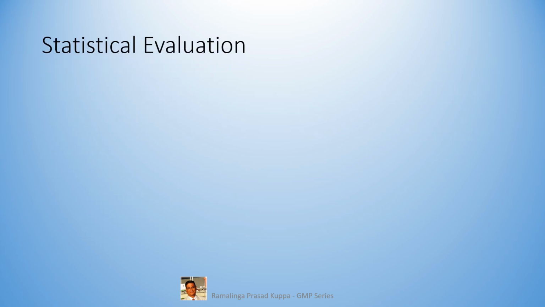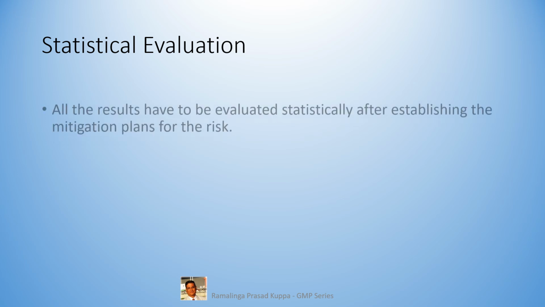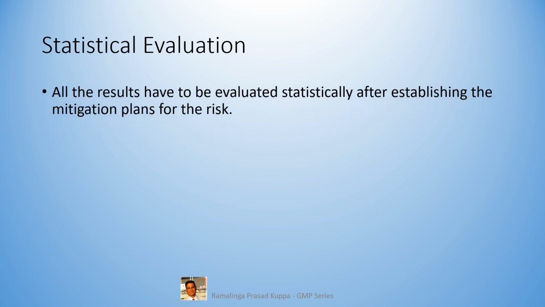The most important aspect of evaluation is the statistical evaluation. Any data, while carrying out the risk assessment, should be statistically evaluated for best results. All the results have to be evaluated statistically after establishing the mitigation plans for the risk.